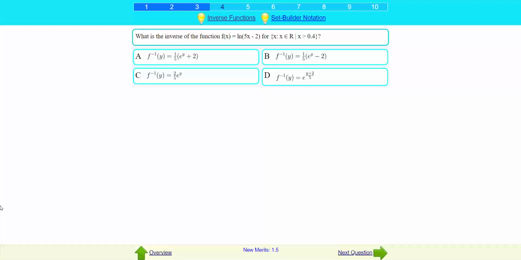So we have x equals e to the power of y plus 2 over 5. This actually means 1 over 5 e to the power of y plus 2, which is this one here, first, a.